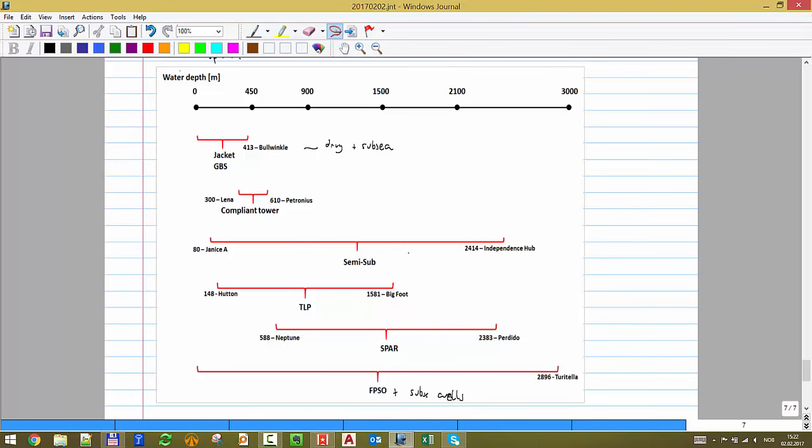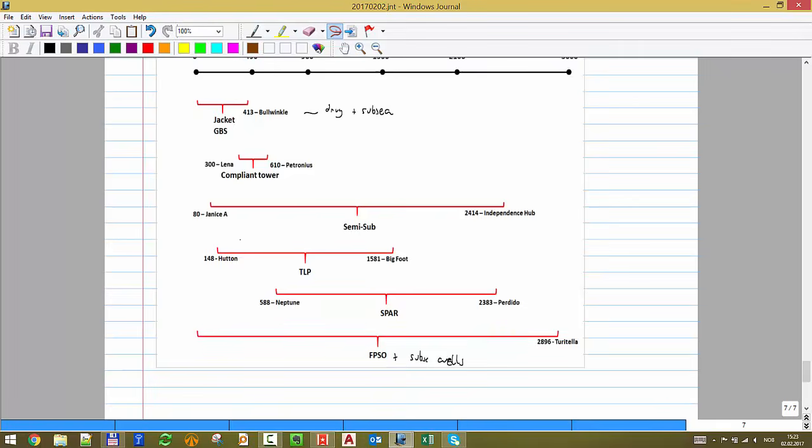So it's not really clear. You get from this figure that for very deep water we use FPSOs, and for very shallow waters we use jacket and gravity-based structure. But in between we really have several options.